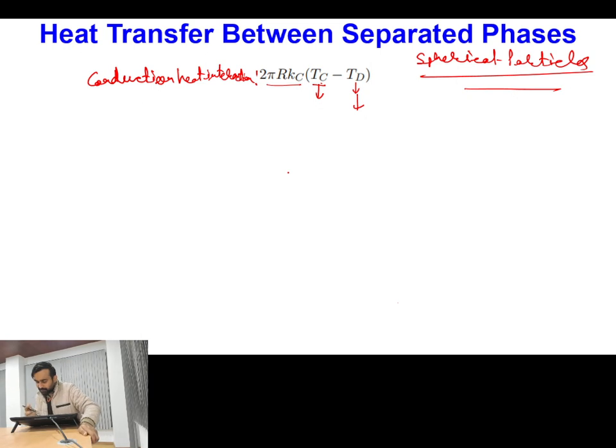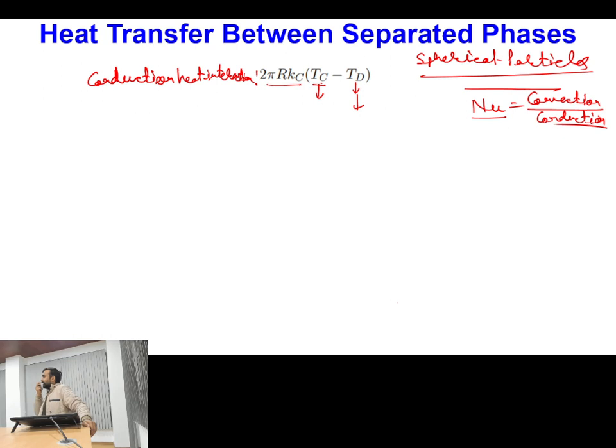Nusselt number represents nothing but convection heat transfer upon conduction heat transfer. Conduction is easy to determine, we have already determined it here, and if I know the Nusselt number for a certain situation, then I can predict the value of convection heat transfer.